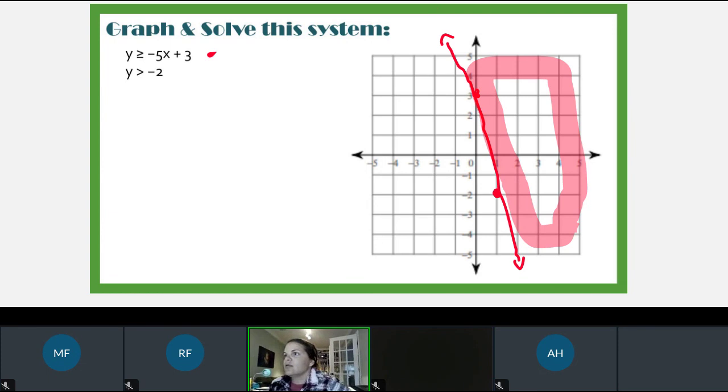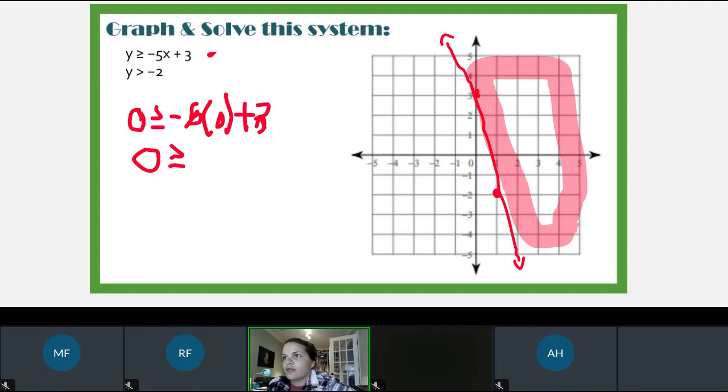So in order to check the line, I like to use 0, 0 because it cancels a lot of things out. So 0 is greater than or equal to negative 5 plus 3.